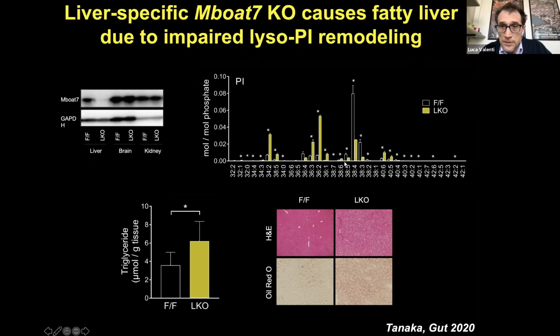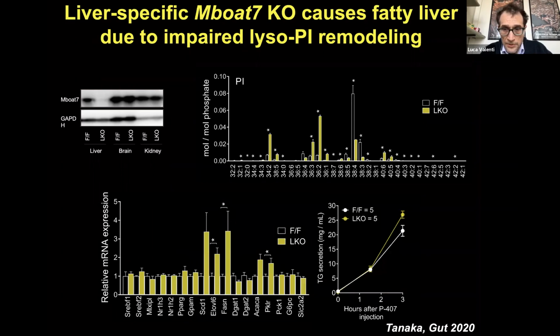Again, here you can see that the liver-specific knockout of Ambos7 causes a depletion in phosphatidylinositol bound to arachidonic acid, whereas on the other end, there is a corresponding increase of species bound to saturated fatty acid, and this leads to an increased accumulation of fat in the liver, leading to steatosis, which is partly also dependent on the upregulation of genes involved in lipogenesis, such as SCD1 and fatty acid synthase in this model, whereas the secretion of lipids from the liver is not affected.